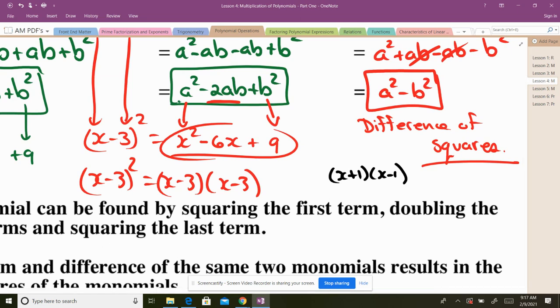You could FOIL it out, but the answer is always going to be a squared. That's my a, that's my b, that's my a, that's my b. A squared, so x squared minus whatever b squared is, in this case 1, which is just 1 when you square 1. So you know that's your answer right away. You don't have to do any work. Okay, this will save you a lot of time.